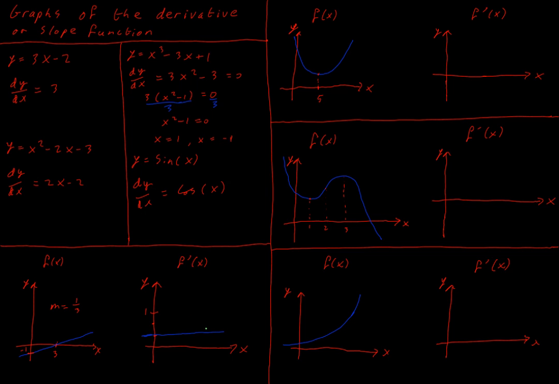I'm going to redraw that straighter. Now, that's a little neater. So this is going to be the sketch of my derivative function, where y is equal to 1/3. All of the y values along my blue line are 1/3. So that's the definition of that line.